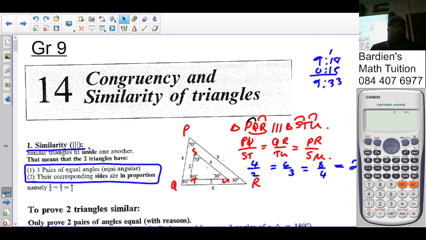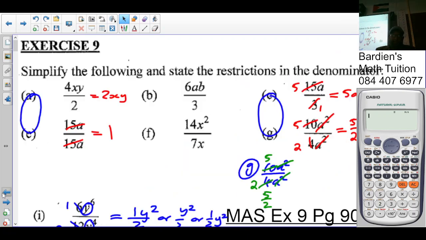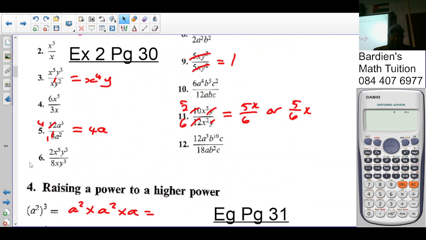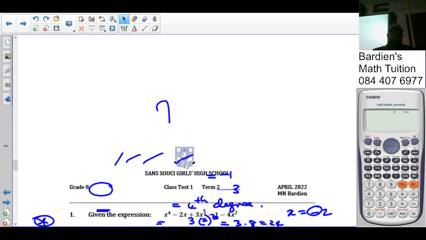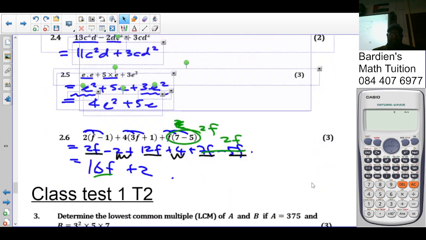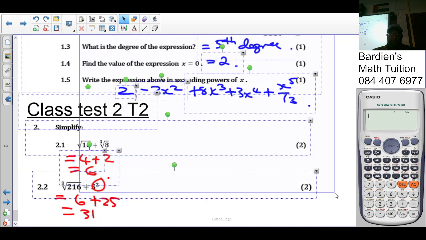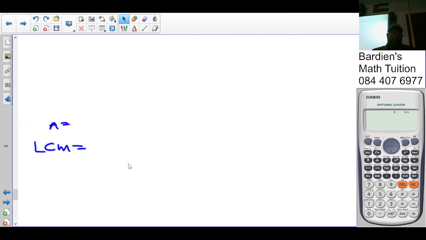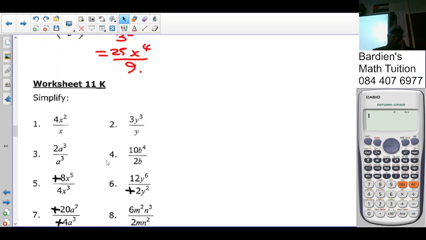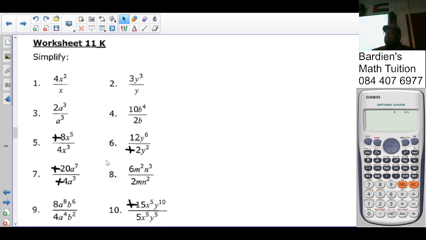Then we went on to congruency and similarity, this we do in grade 9. Where did we stop? See, Mr. Carruthers did that with you guys.